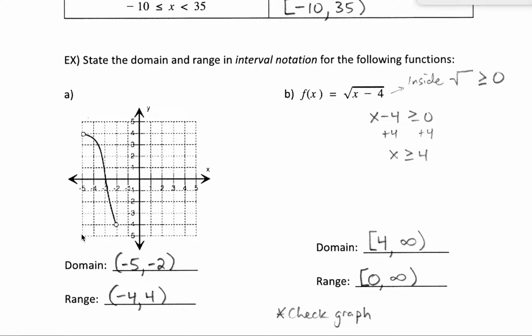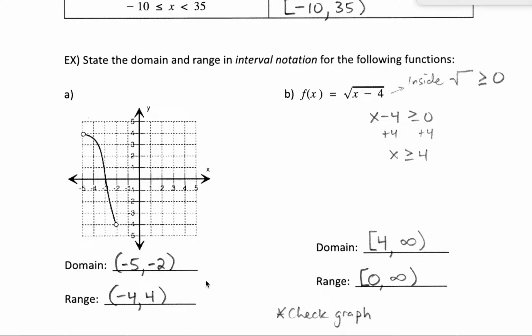That's domain. So I like to draw little lines going from the leftmost part of my function over to the rightmost part of my function, and then just circle those values on the x-axis. So we're going from -5 over to -2, working left to right, and we don't include either of those values because we see open or not included points there on the ends.